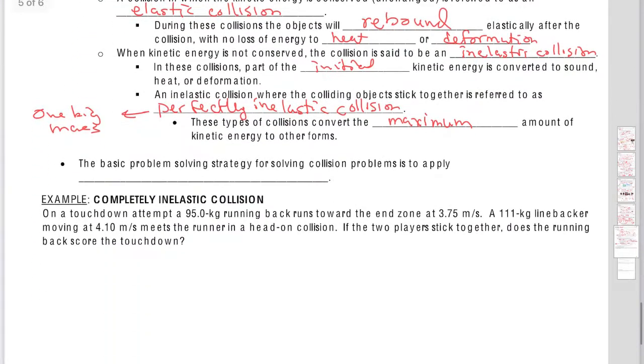The basic problem-solving strategy here is that we're going to use conservation of momentum: P total before equals P total after. It's going to look weird because you'll have all this stuff like m times v, as many m times v's as you have objects.